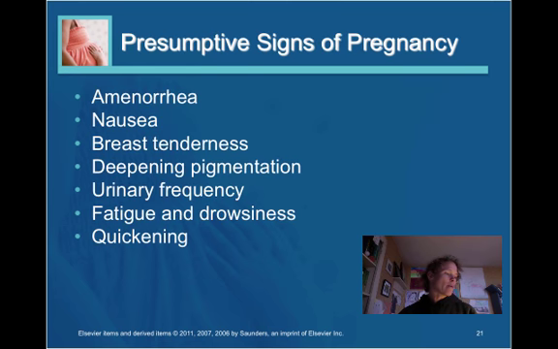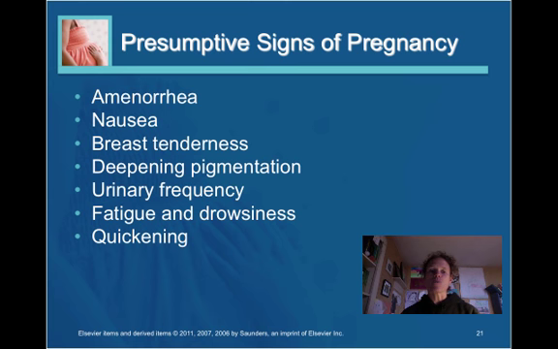Okay, so let's talk about how we diagnose pregnancy. So there are a number of what we call presumptive signs of pregnancy. So amenorrhea, someone misses their period. That usually gets people's attention. So sometimes that will spur someone on to doing a home pregnancy test or to coming into their provider's office and asking for a pregnancy test.